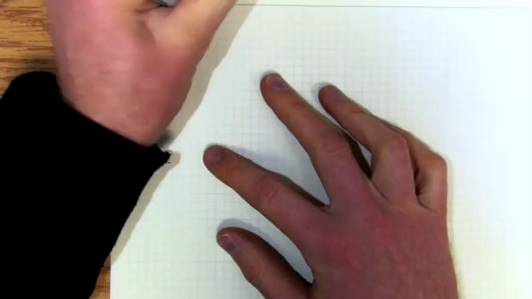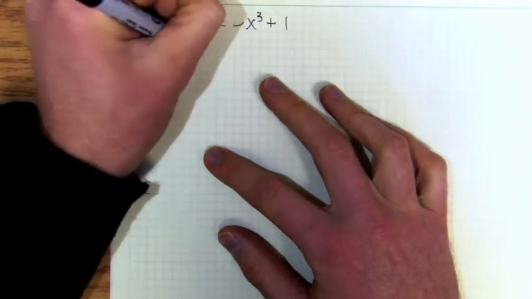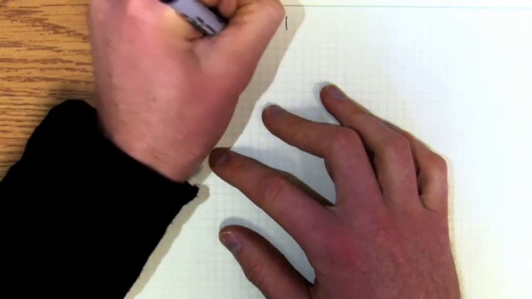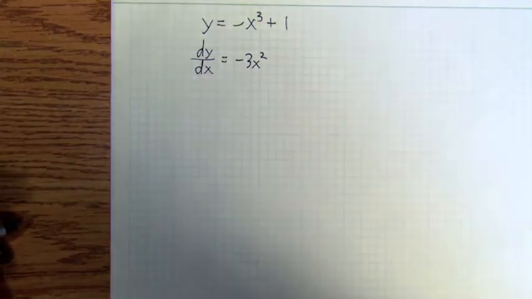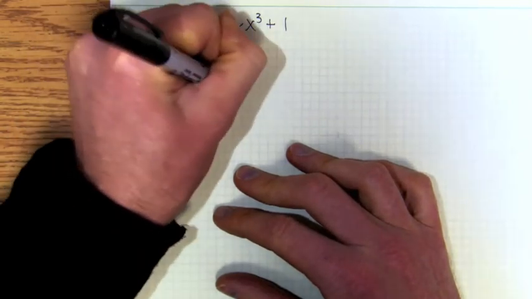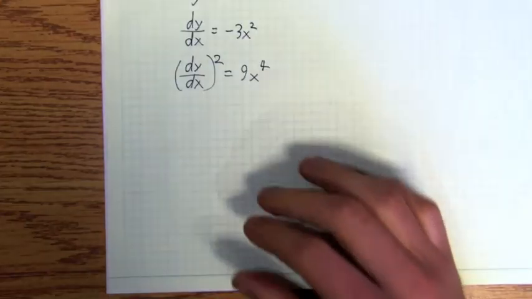So if I've got my function y equals negative x cubed plus 1, then dy/dx is equal to negative 3x squared. And so (dy/dx) squared is equal to 9x to the 4th.